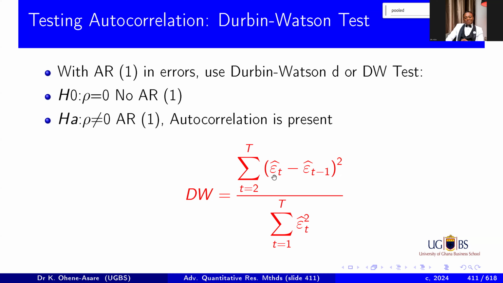Then whatever you get, you square it. That squaring will clear the negatives that will be there. Because if there is a negative value here and you square it, it becomes positive. You now divide that by the current period error squared. Again, if this one is negative at any point, it will become positive.